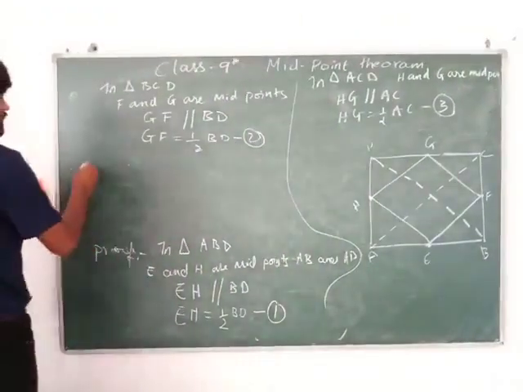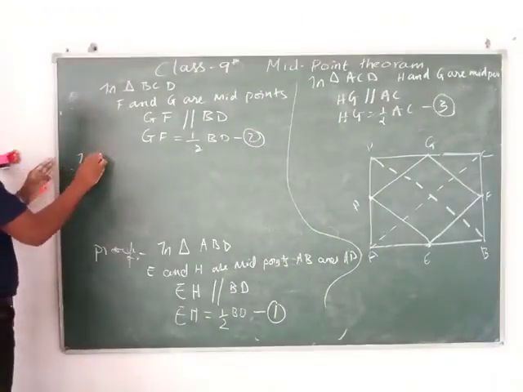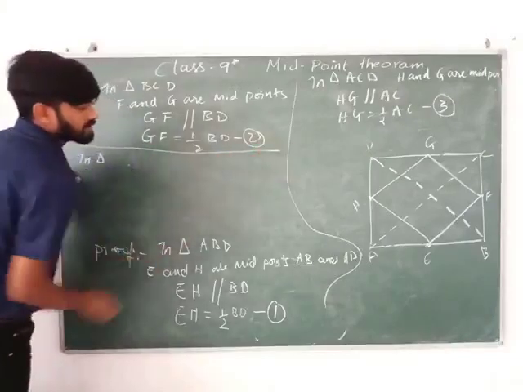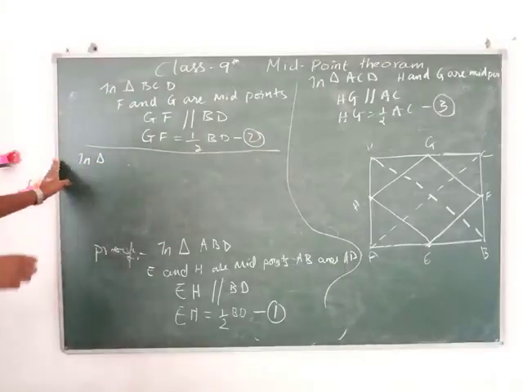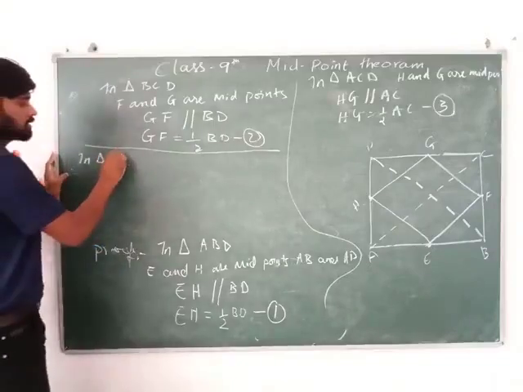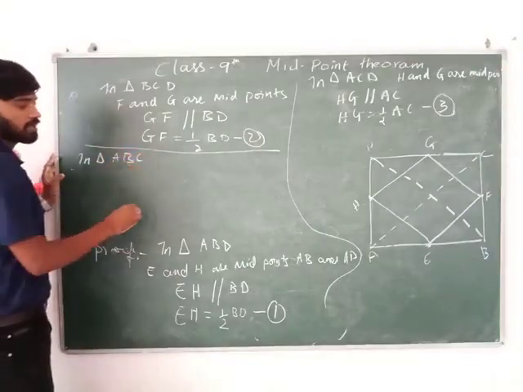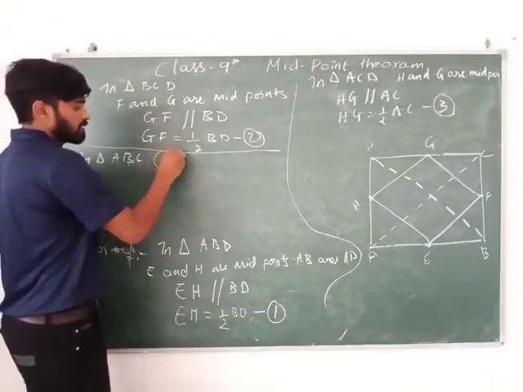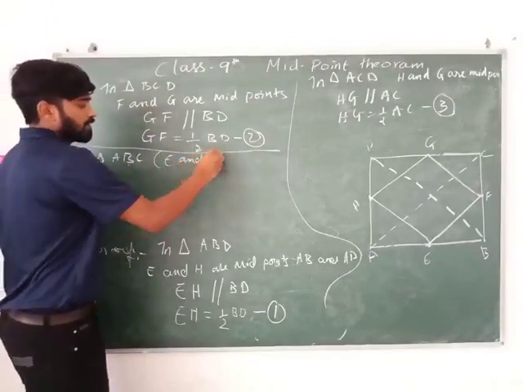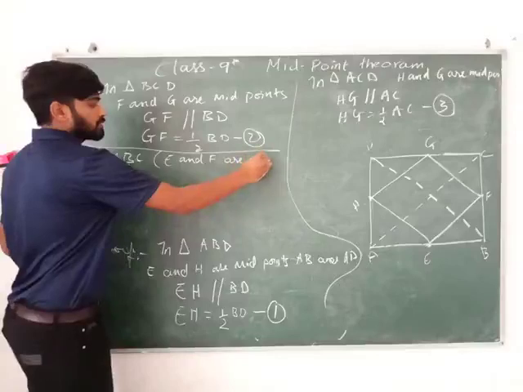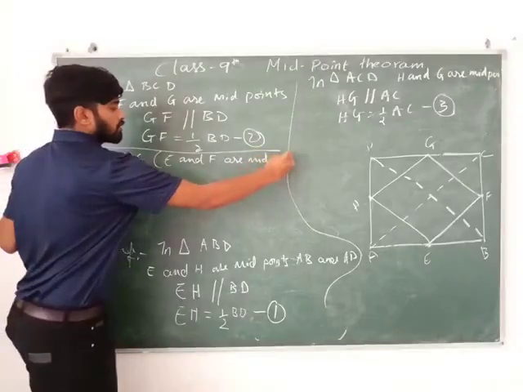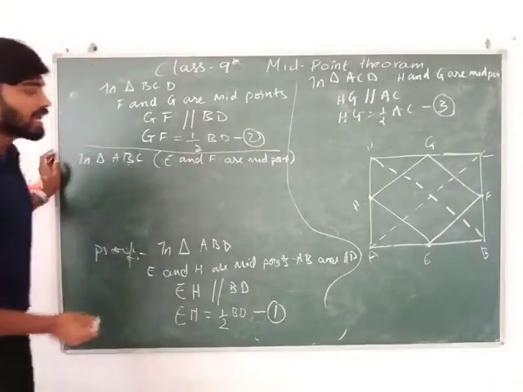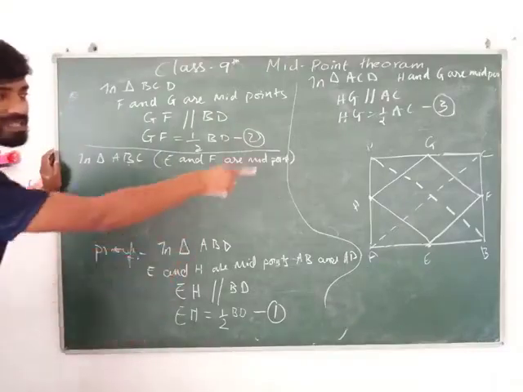Now the fourth point is going to be in triangle ABC. You can see over here I am writing in triangle ABC. So in ABC, E and F are the midpoints. When E and F are the midpoints, what can I say?